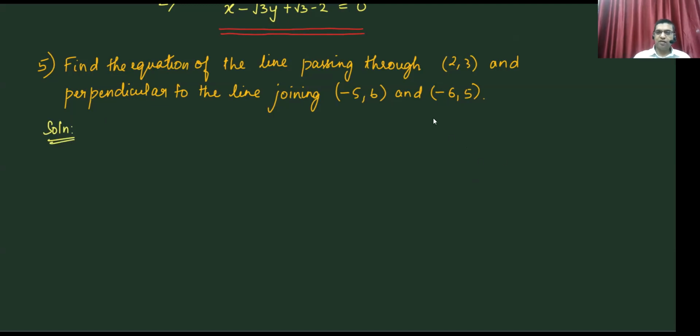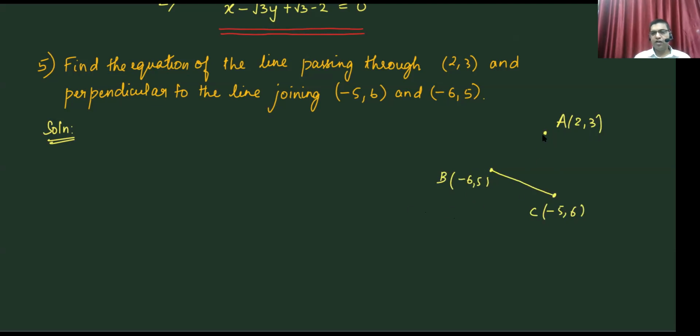So we want, say, A is 2 comma 3, and roughly, this is not exactly on graph, just a rough sketch. Minus 5 comma 6 is this, and minus 6 comma 5 is this line. Let's say B and C are these points.